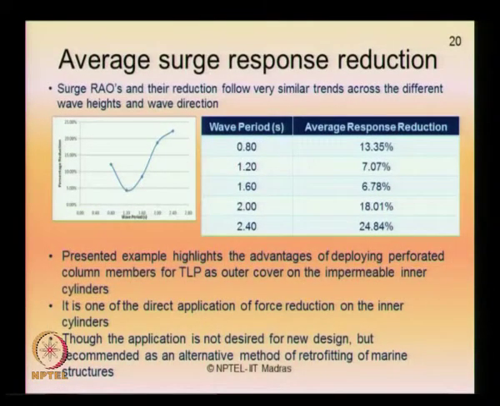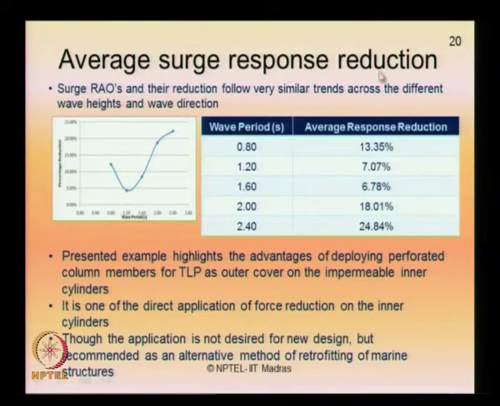If you look at the average surge response reduction, you will see that for increase in wave periods from, let us say, 0.6 to 2.4 seconds, there is a significant reduction in percentage which happens at around 1.2, let us say, in this case. Then afterwards the percentage reduction changes drastically.